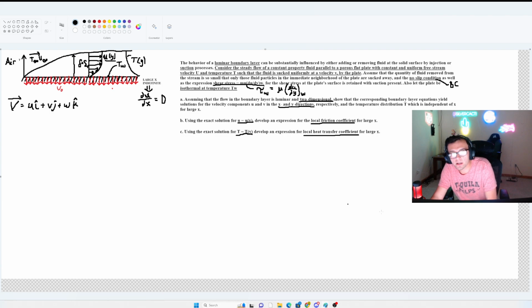So, air is an incompressible fluid. We're assuming density is constant. The density of a fluid is constant. And we're also assuming in this problem that... What else was I going to say? Oh, air is an incompressible fluid.